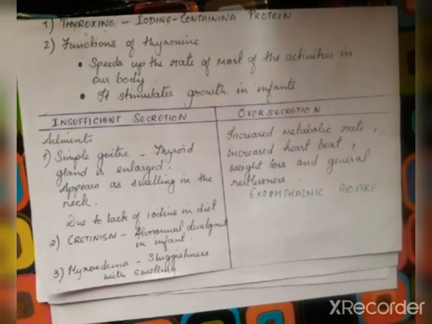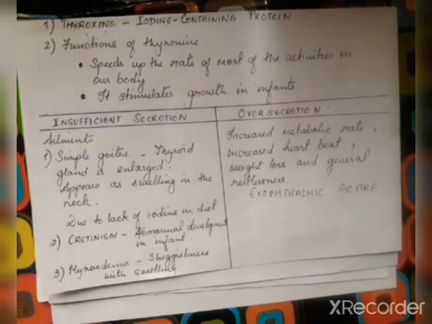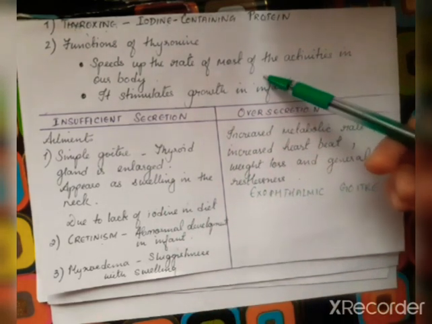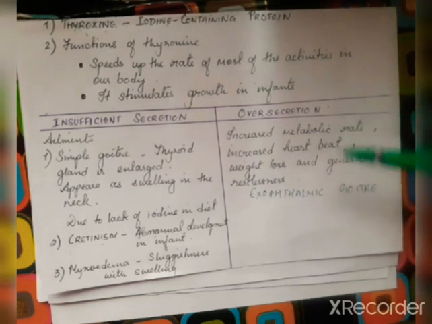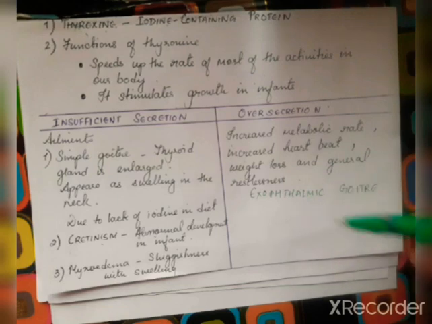In this kind of goiter, if there is excess secretion of thyroxine, a person having the problem of over secretion shows an increase in metabolic rate. I have told you it speeds up the metabolic rate. So if there is excess secretion, it speeds up at such a rate that the person will suffer from rapid heartbeat, shortness of breath, and the eyes also get protruded in this kind of ailment.